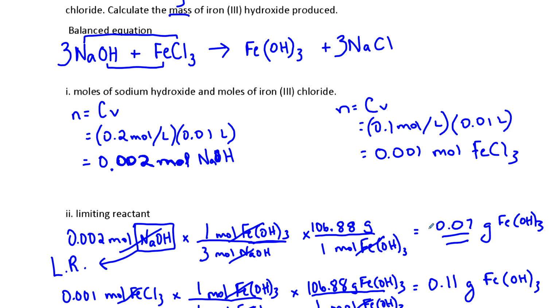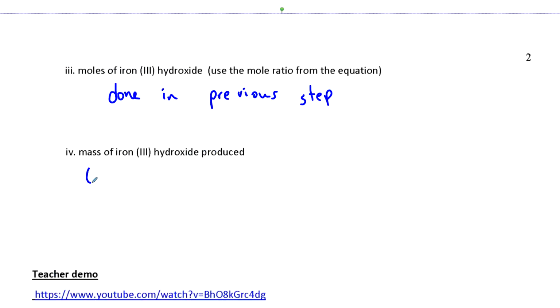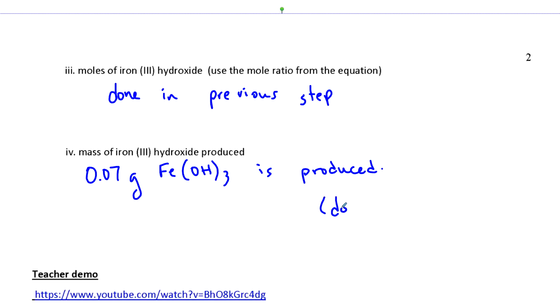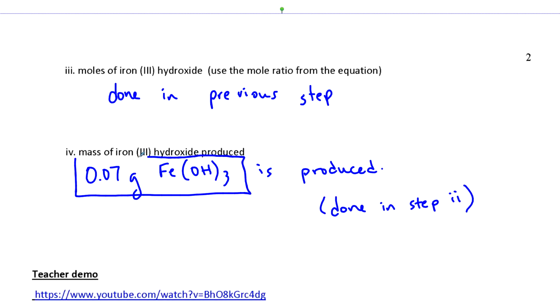So 0.07 grams is how much iron 3 hydroxide is actually produced in this reaction. So I'm going to say 0.07 grams of iron 3 hydroxide is produced. And I'm just going to put done in step 2. All right, so that's kind of the final answer you want to get to.